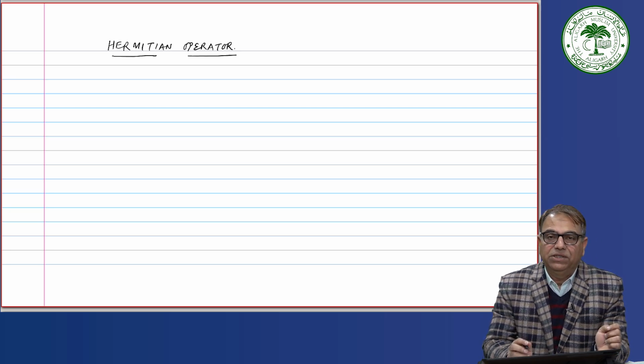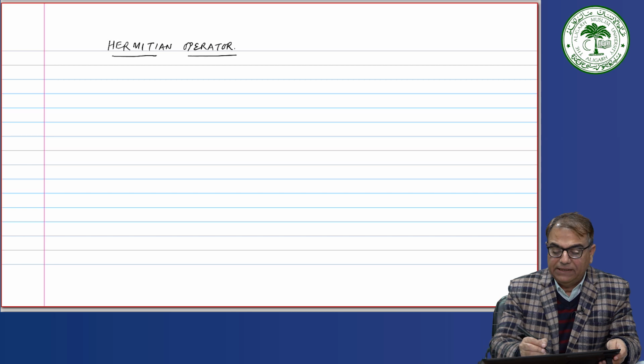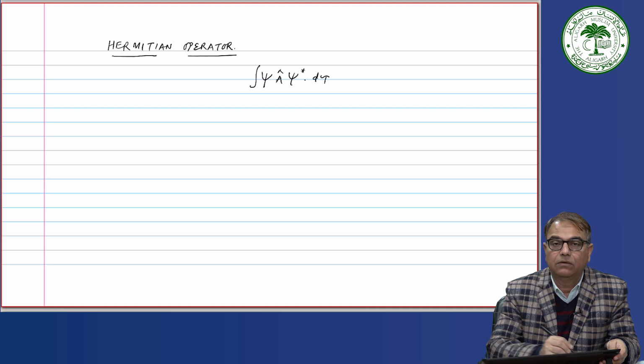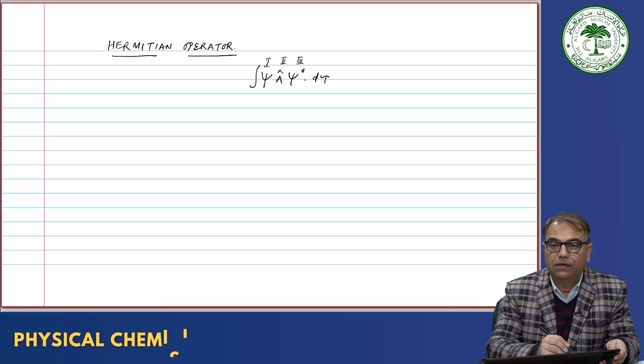We can define a Hermitian operator. If I write an integral for the operator, then we have three terms here: first term, second term, and third term, where the third term is a complex conjugate.